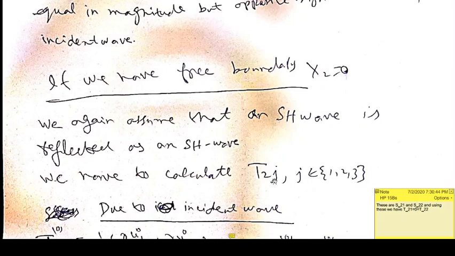So it could be T21, T22, T23. So we have 3 components of stress, and we have to calculate these 3 components. Then we put these 3 components equal to 0 at this boundary. This is the free boundary condition.